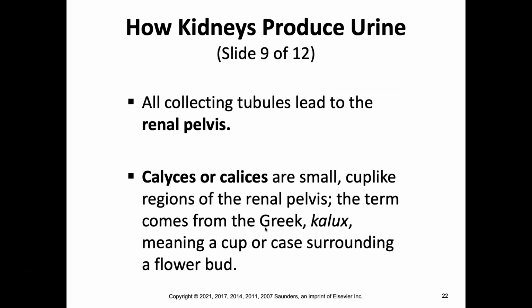All right, collecting tubules then lead to the renal pelvis. There are calyces. It's easier for me to just say calyx, but you have these calyxes. They are small cup-like regions of the renal pelvis. The term comes from the Greek, meaning a cup or a case surrounding a flower bud.